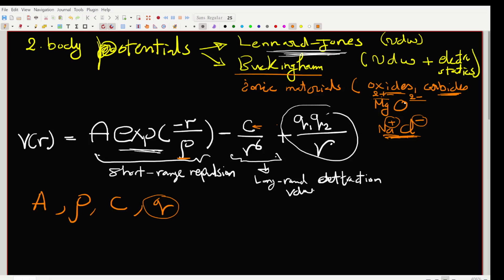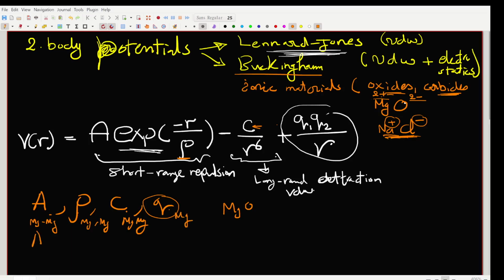But one has to think about how many of these you have. So suppose you are studying, let's say, magnesium oxide. Then you would expect that there is A, rho, C for magnesium-magnesium, and Q for magnesium.